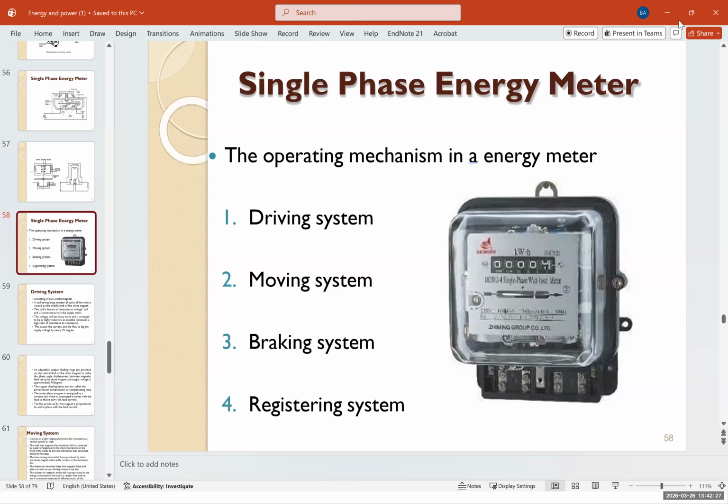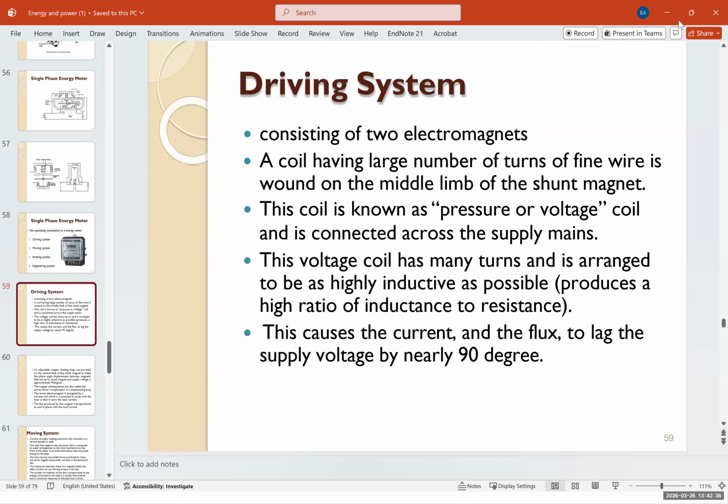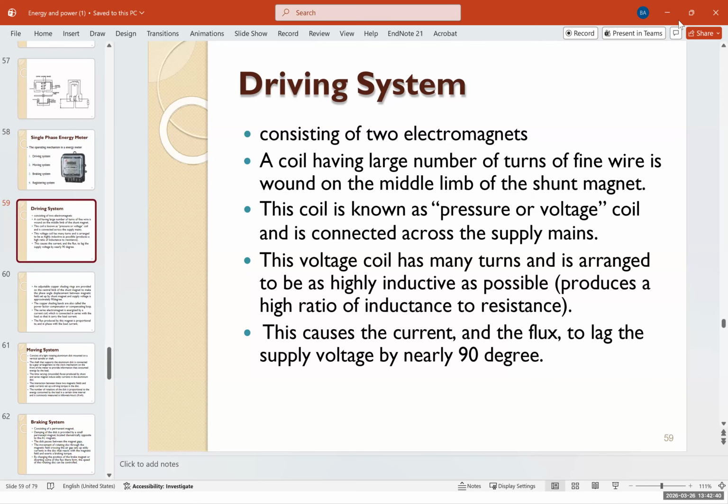Now, the different parts are the driving system, the moving system, the braking system, and the registering system. The driving system consists of 2 electromagnets.